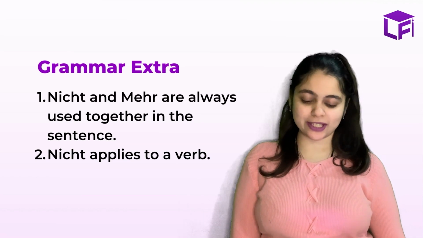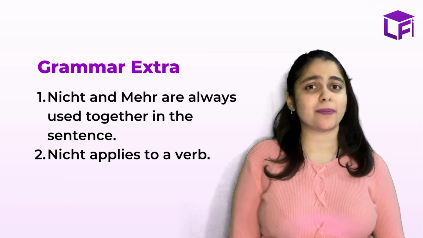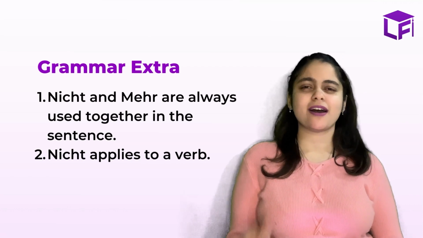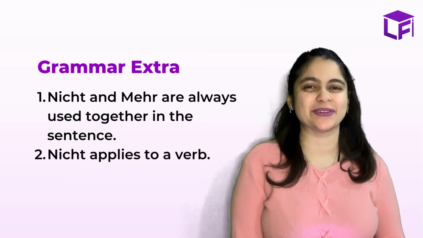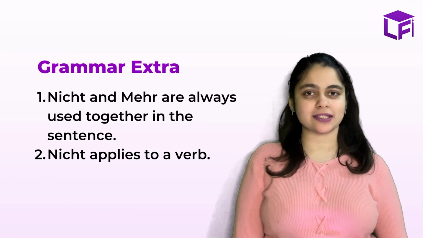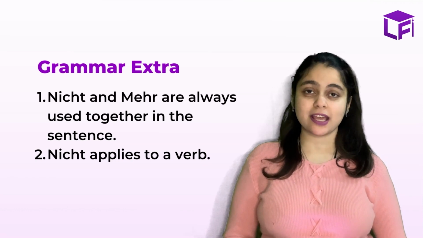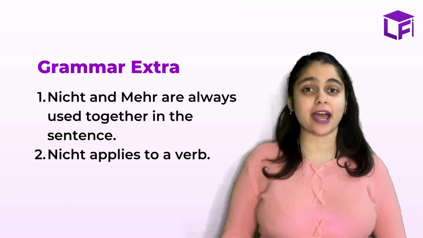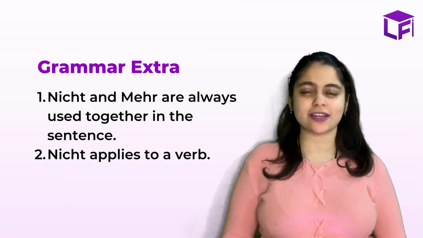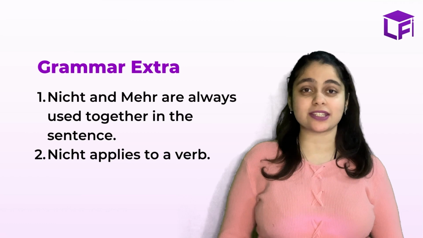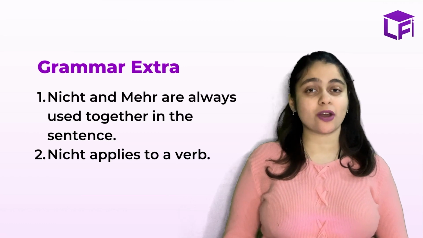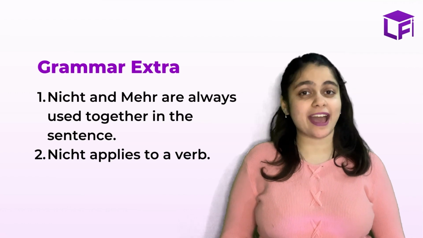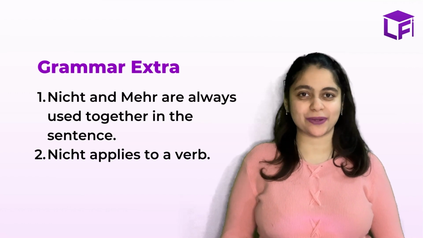The second point says, nicht applies to a verb. Do you know what that means? Let me help you. This means that in a sentence, if you want to use nicht, that nicht will apply to the verb. Whereas, if you want to apply a negative as not or none, then you will have to use kein for the noun.